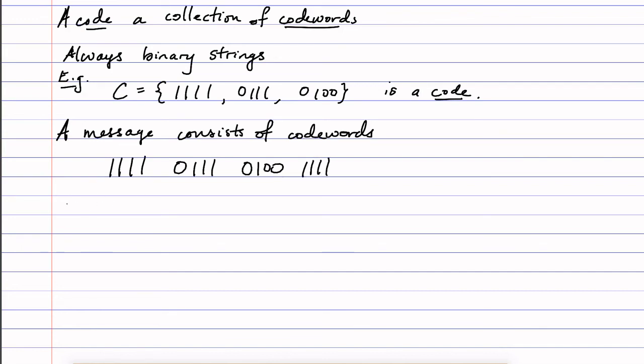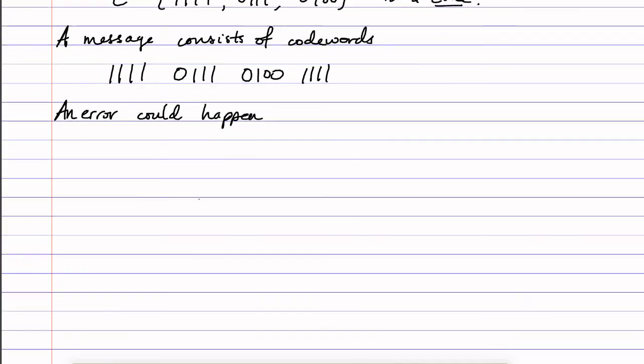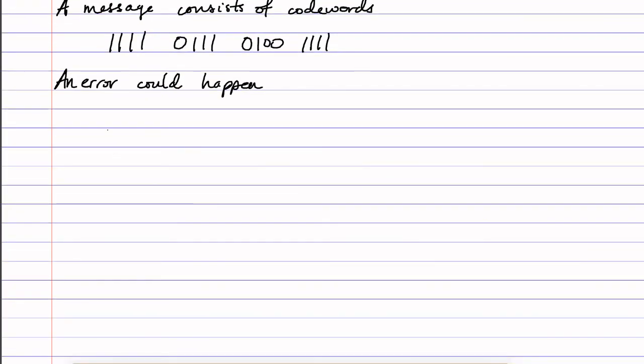But an error could happen in transmission. Something goes wrong. And then it could end up that the person you're trying to send the message to would receive something like this. 0, 0, 1, 1. 0, 1, 0.